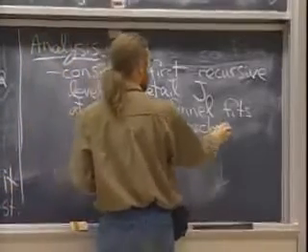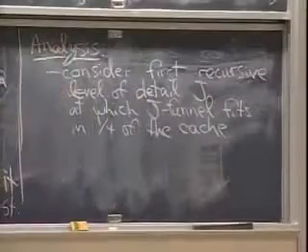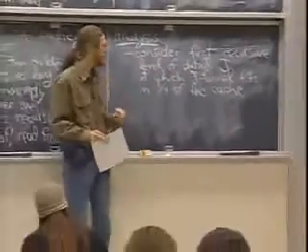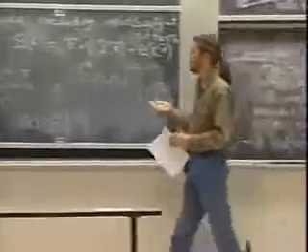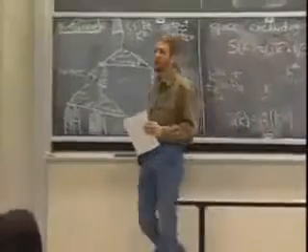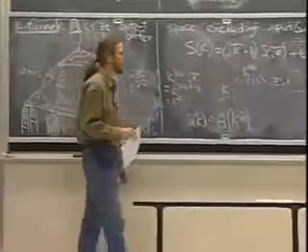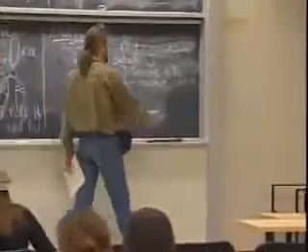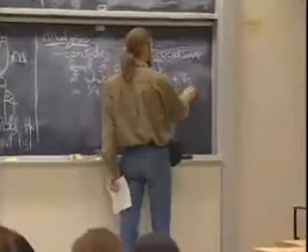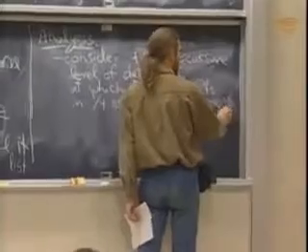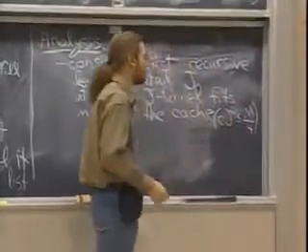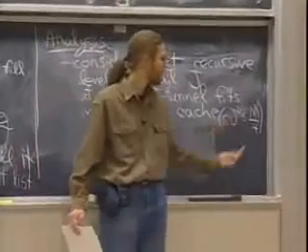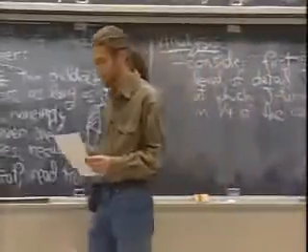Okay, we need to leave some cache extra for doing other things. But I want to make sure that a J funnel fits. Okay, now what does that mean? Well, we've analyzed space. We know that the space of a J funnel is about some constant times J squared. Call it C times J squared. So this is saying that C times J squared is at most M over 4, 1/4 of the cache. That means a J funnel, which happens to have this size, fits in 1/4 of the cache.